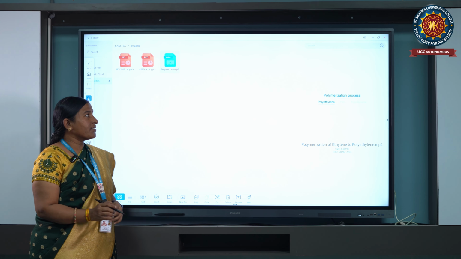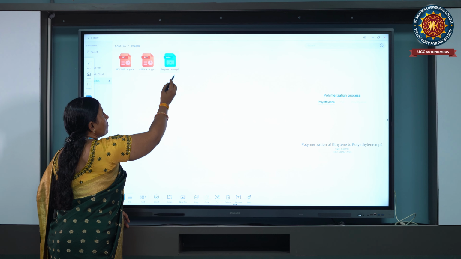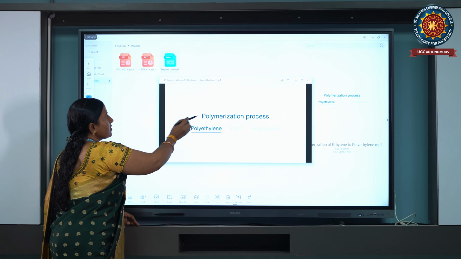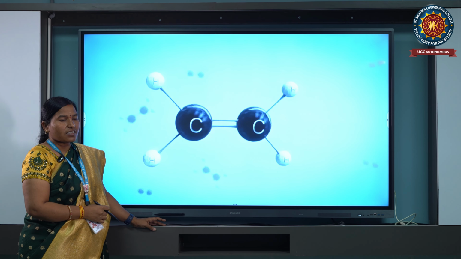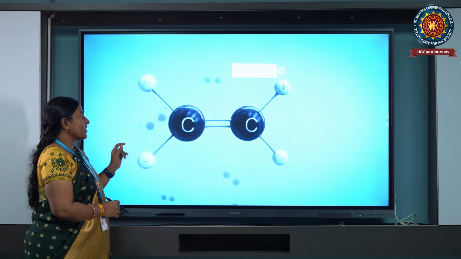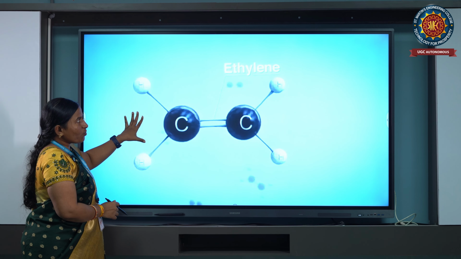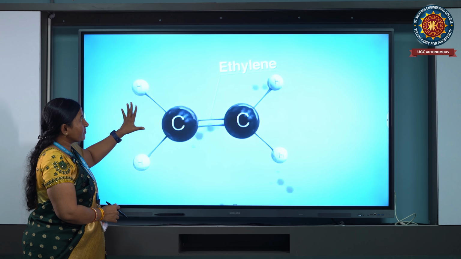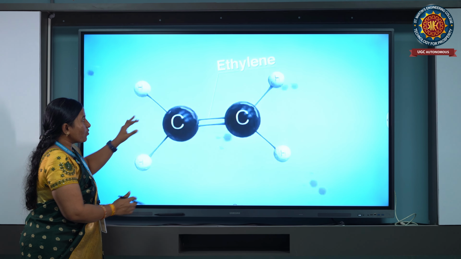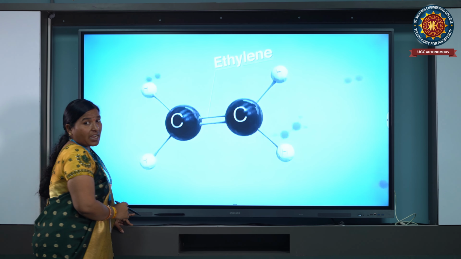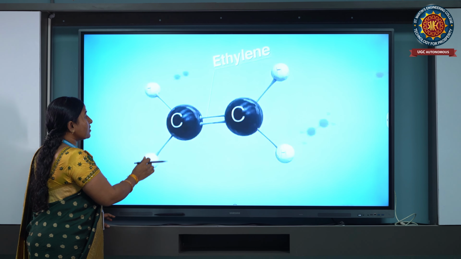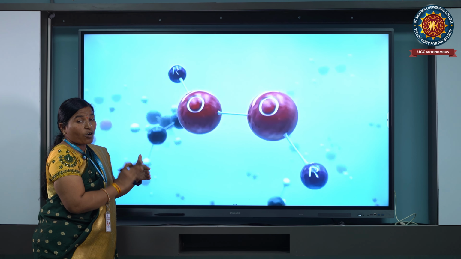Now let's see the video where we can prepare the polymer. One of the reactions I'm showing here is polyethylene. In polyethylene, the monomer is ethylene, where the double bond is present between carbon and carbon. Now this carbon-carbon bond you have to break.